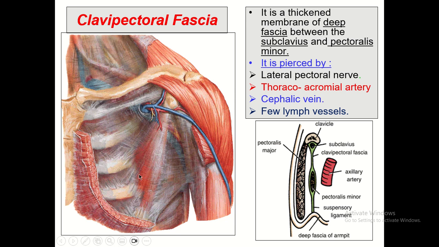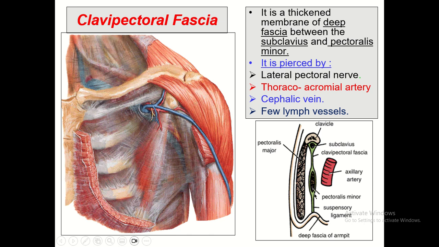So this fascia is very important because you're going to find its boundaries. It comes from the clavicle, and then it encloses the subclavius, and then it descends laterally and encloses your pec minor, right?